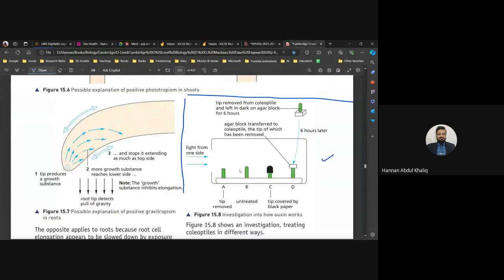So shortly, this was the explanation. What do you think would happen here now? Six hours later, you are transferring the agar block back to the tip. What do you think should happen here?